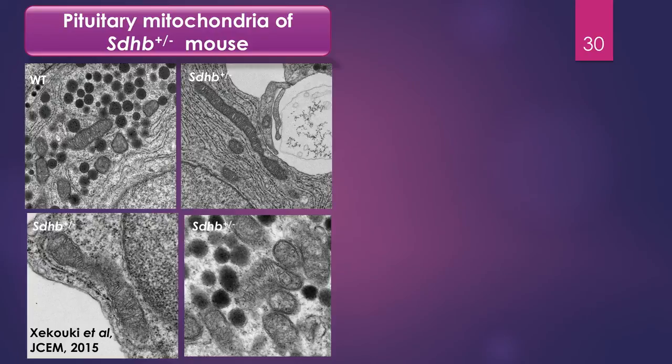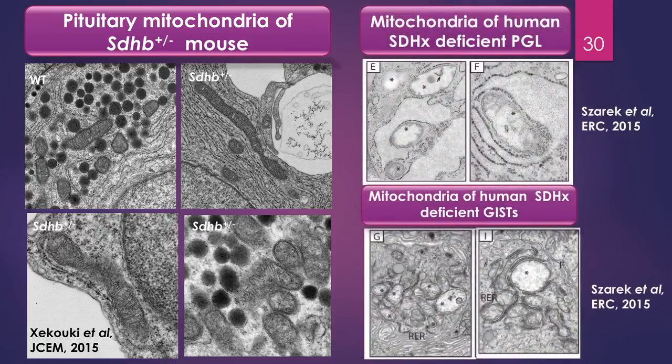And similar abnormal findings were reported by my colleague, Eva Zarek, when they studied the morphology of the mitochondria of human SDH deficient paragangliomas and GIST, in which you can see some of them presented enlarged, some of them presented swollen, and most of them presented like cysts.